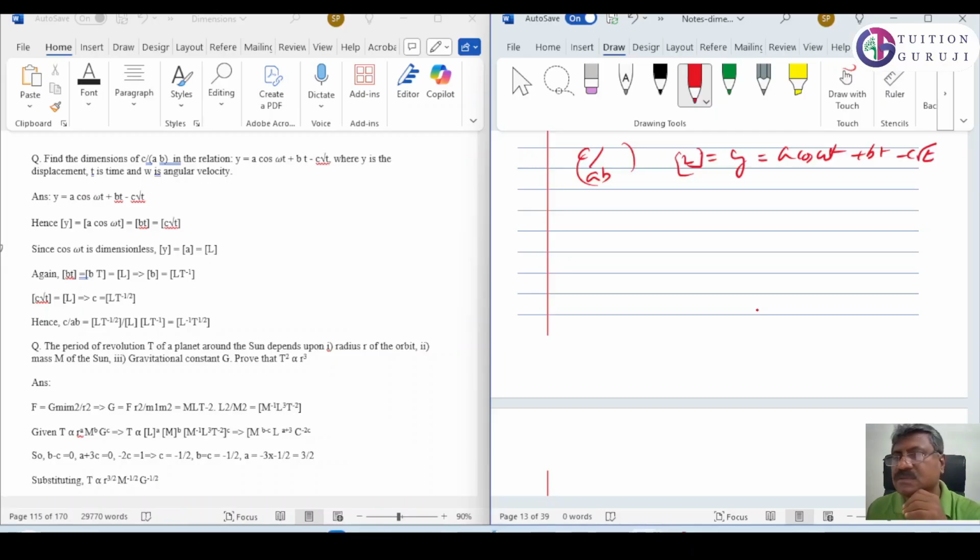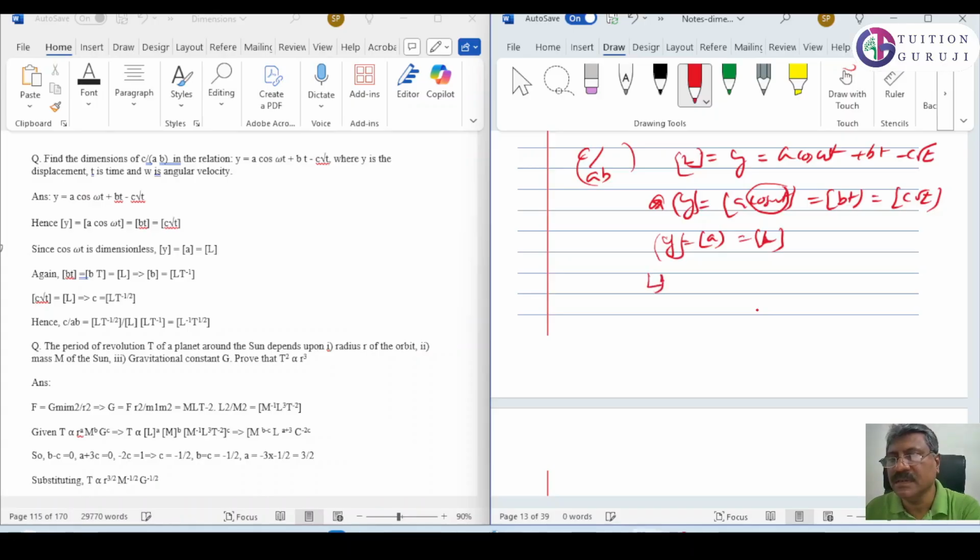So the dimension of y is equal to the dimension of a cos omega t, equal to the dimension of bt, equal to the dimension of c root t. As cos omega t is dimensionless, the dimension of y is equal to L, so a is equal to L.